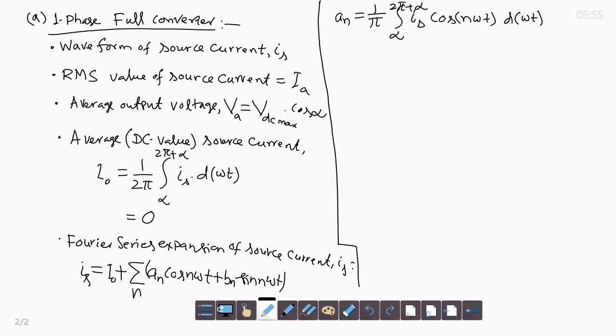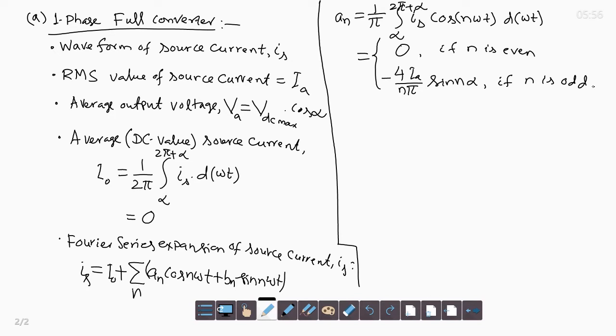Considering the same square wave waveform which you have drawn in the previous slide, you obtain the value of An. This is a task for you. Its value is: An is 0 if n is even, and An is minus 4 Ia divided by n pi times sin n alpha if n is odd. You can easily prove it.